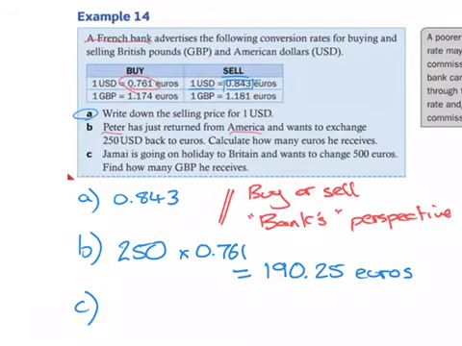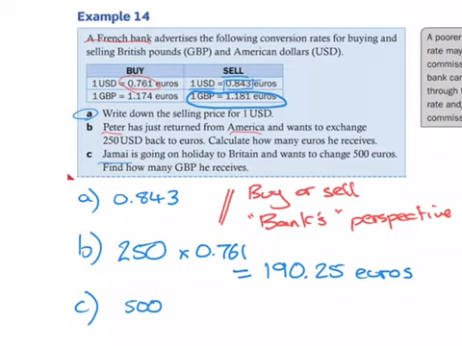Next, part C. We've got Jamai going on holiday to Britain and wants to change 500 euros, which means from the bank's point of view they're going to be selling the euros, so we're going to use this figure here. So he's got 500 euros. Now he's going the other way, from euros to pounds.